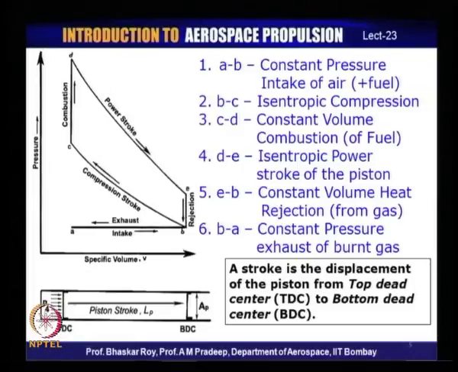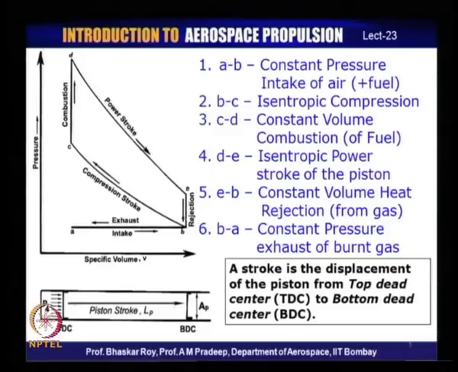So, out of the output work, a certain amount of work goes inside the system back again in the form of compression, and hence the difference between these two areas, that is the area subtended between B, C, D and E, essentially represents the work that is available for doing some useful work.